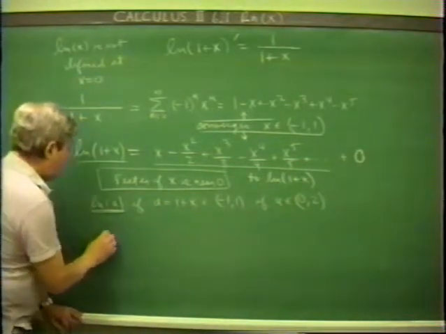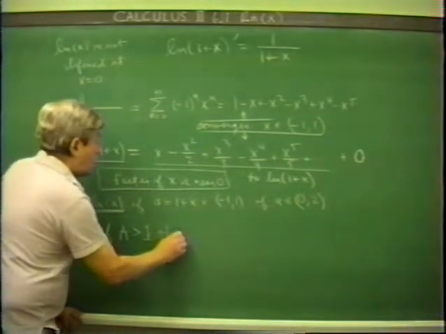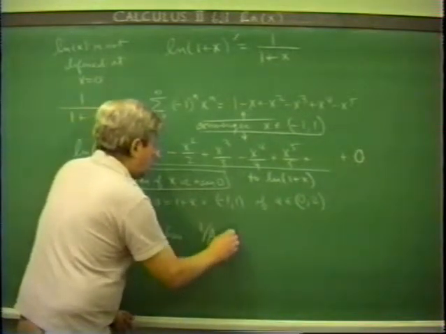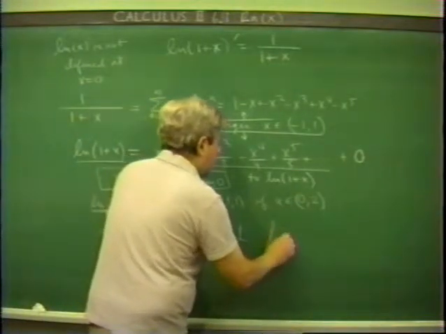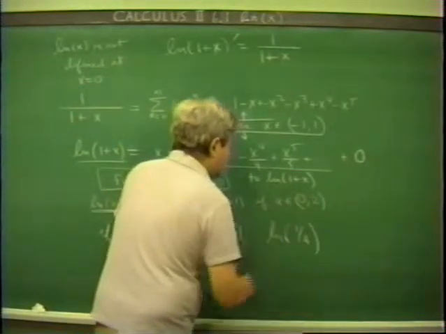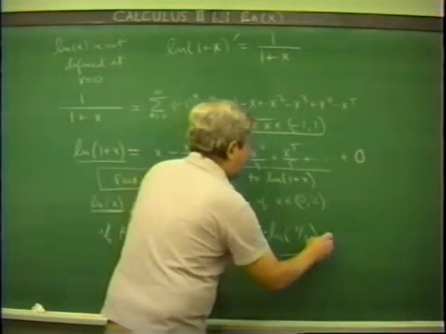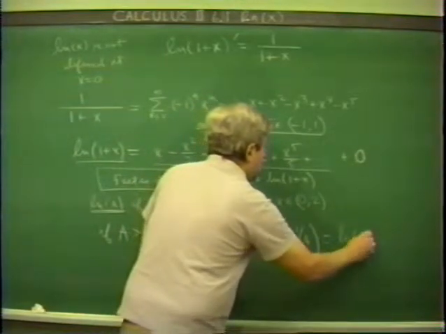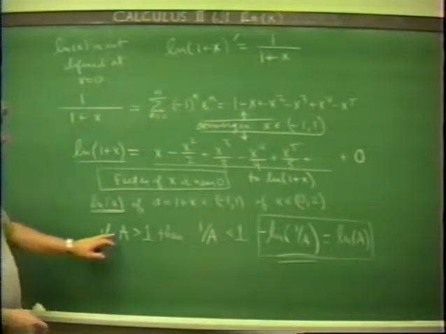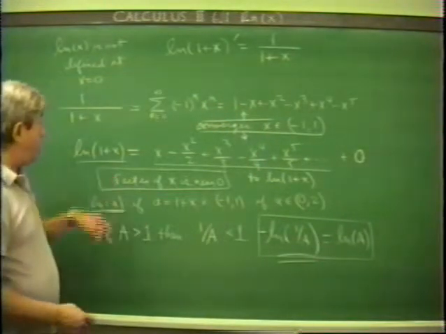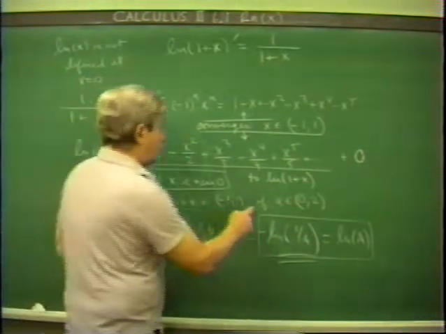All right? For numbers larger than 2, or for numbers larger than 1 for that matter, if capital A, let's say, is larger than 1, then 1 over A is less than 1, and so you could find log of 1 over A using this expansion, and then minus the log of 1 over A is going to give you the log of A, and so you can use that fact to get the logarithm of any number A greater than 0.